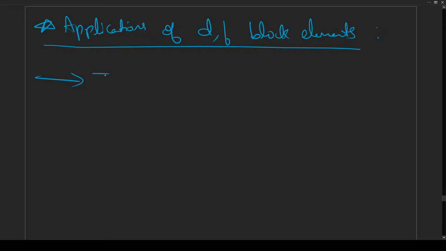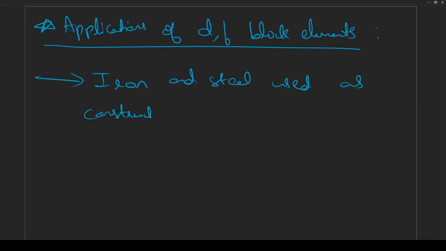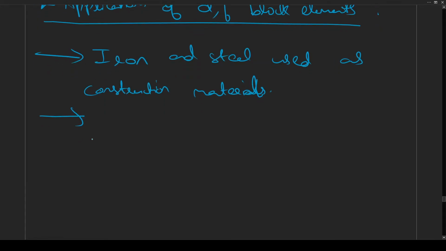Iron and steel used as construction materials. Many of the buildings, many of the factories, all of them at a certain point use these two ingredients.